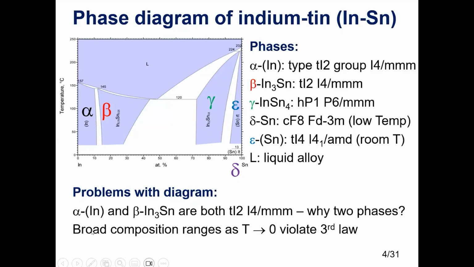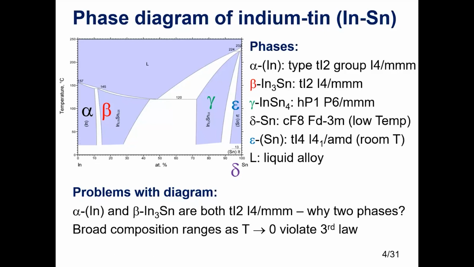The next puzzle that I want to tell you about has to do with these broad composition ranges. So notice, for example, indium can dissolve up to about 12% tin. And it looks like the width of that composition range appears to be independent of temperature.